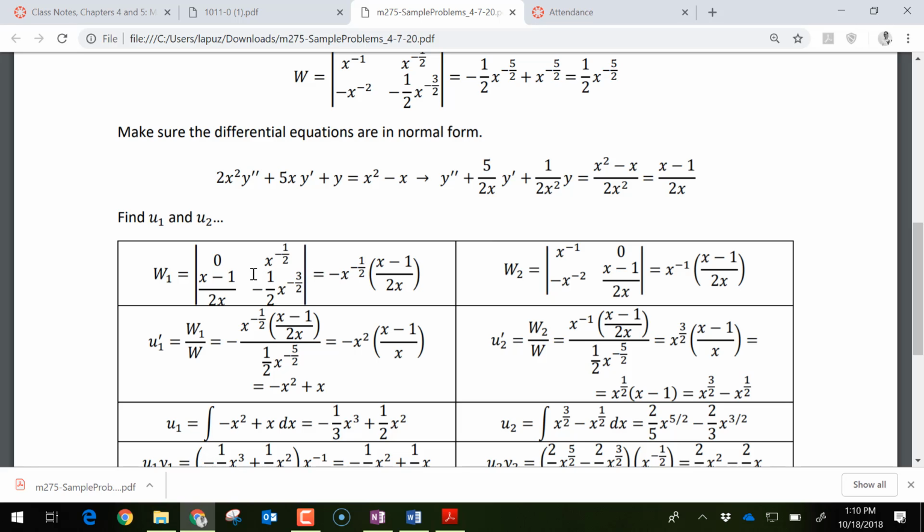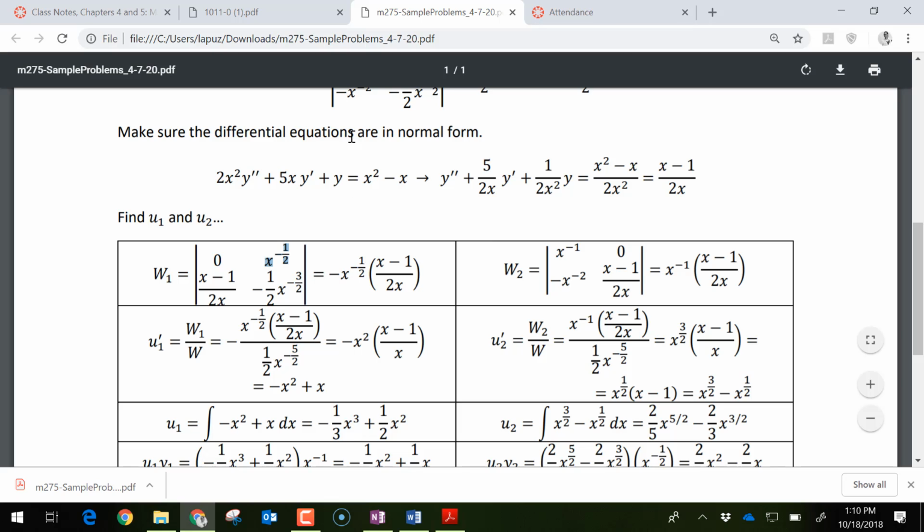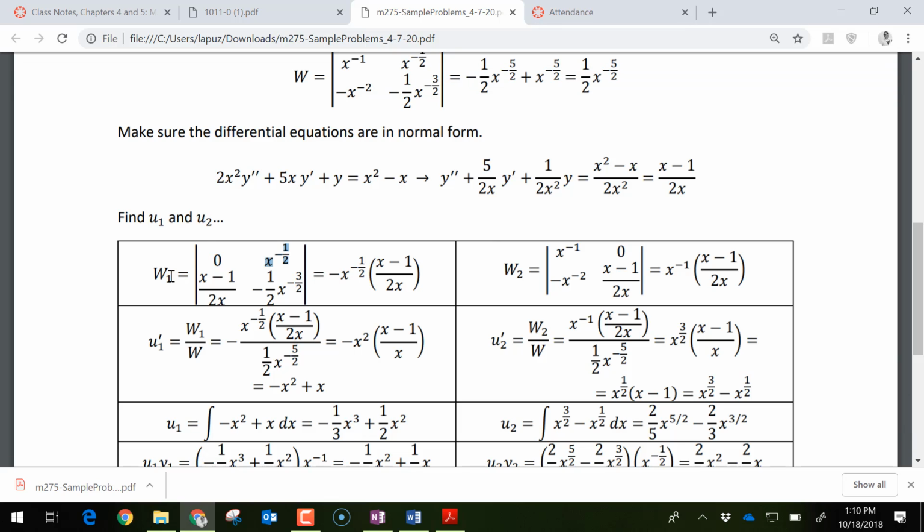So it's just 0 times whatever this is, minus the function that sits in the lower left-hand corner, which is f of x, times the function on the upper right, which is y2. From the Wronskian, you have y1 and y2 on top. When you modify it to w1, you have 0 and y2 on top. So the determinant of that is f of x times y2 with a negative sign.